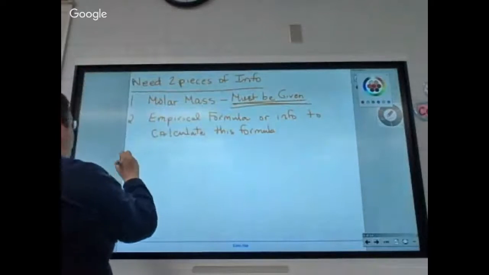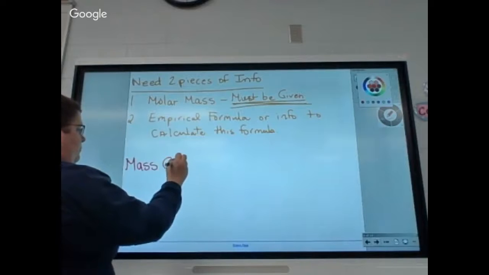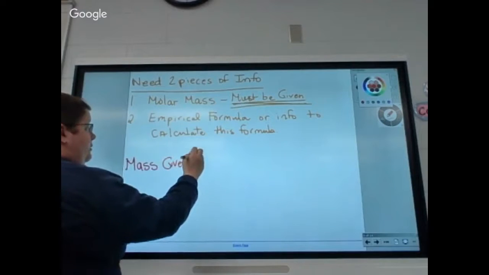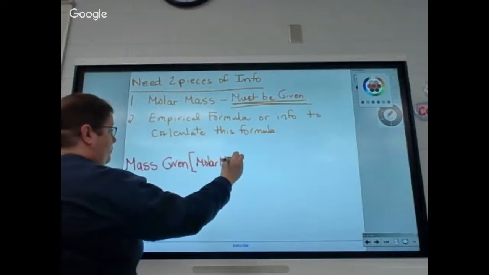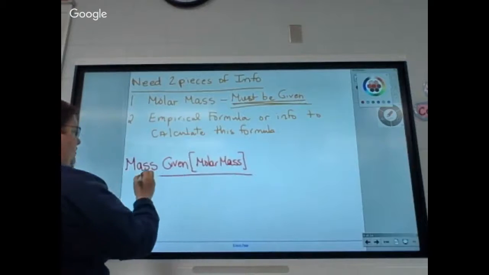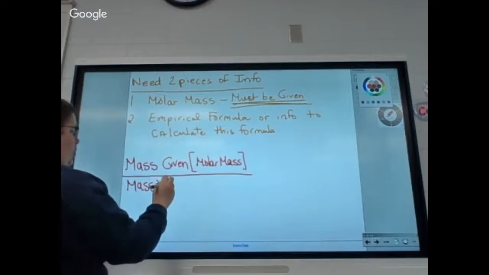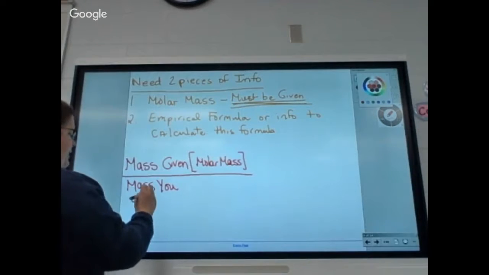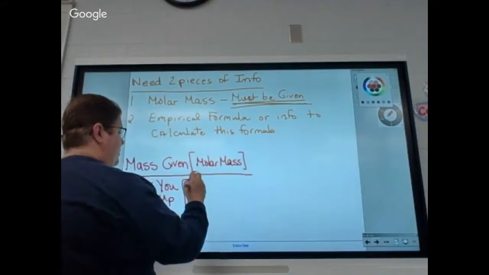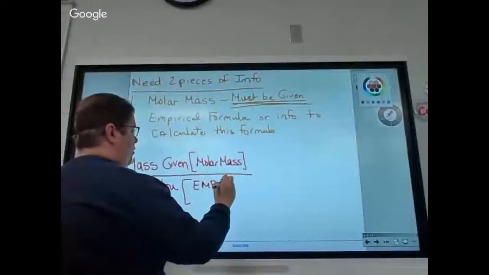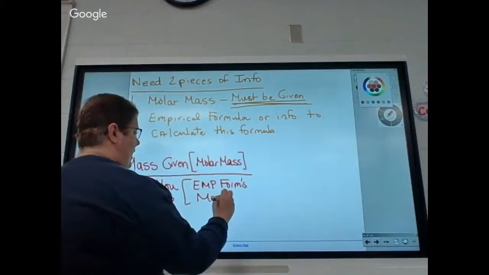You're going to take the mass that's given, which is essentially the molar mass. You're going to divide it by the mass you add up, which is the empirical formula's mass.